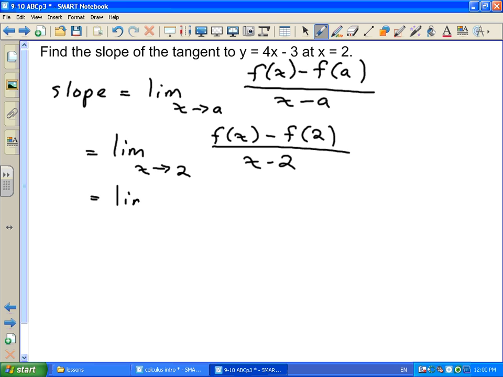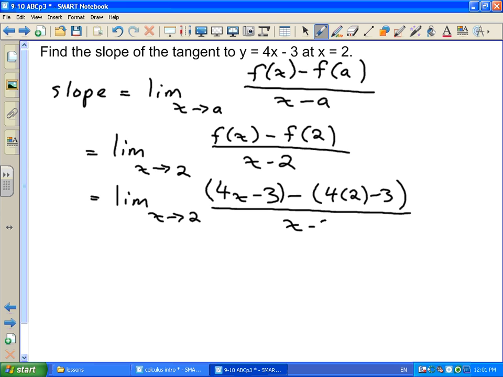So let's just write this, putting in our specific function here. So instead of f at x, I'm going to have 4x minus 3. And I'll put that in brackets. And instead of f at 2, I'm going to have 4 times 2 minus 3.